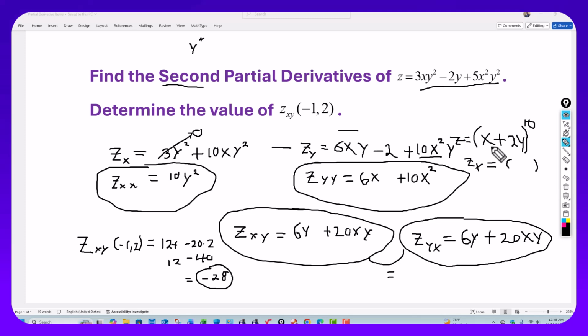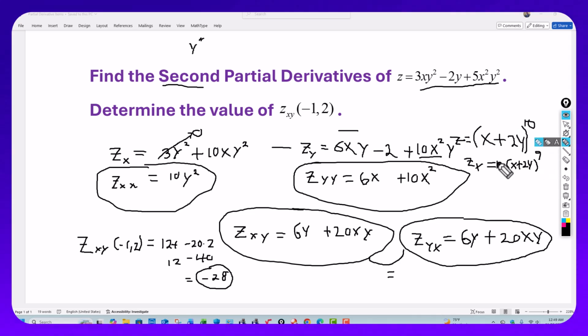So this would go like this. We're going to use the general power rule. 10 comes out in front. We get 10. Subtract 1, we get 9. And then we keep this for now, x plus 2y. And then we have to use the chain rule. Same formulas, except you just have to keep in mind that if you're taking the derivative with respect to, in this case, x, just treat the y like a constant.